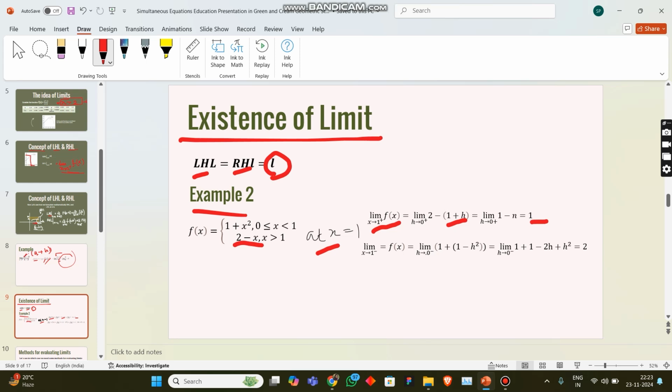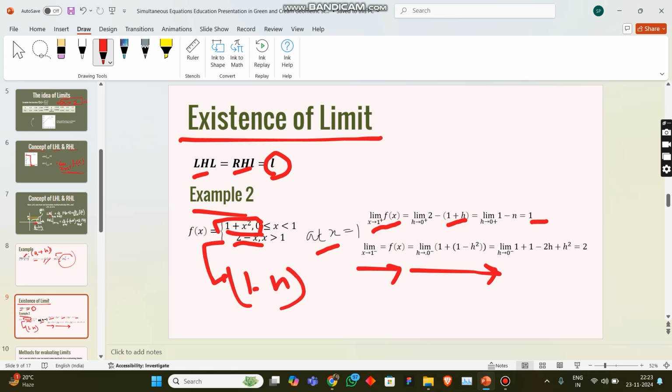And if we are approaching from the left hand side, we have to consider this function, because this is the function where x lies between 0 and 1. Suppose we are approaching like 0.99999, in which region will it fall? In this region, obviously 0 to 1. So we have this value. So 1 plus 1 minus h square. We are just putting x in place of 1 minus h.